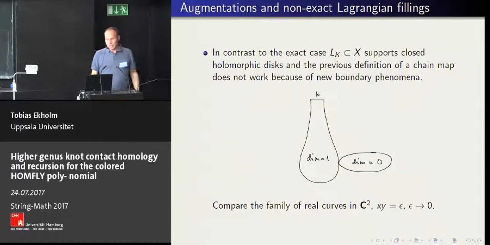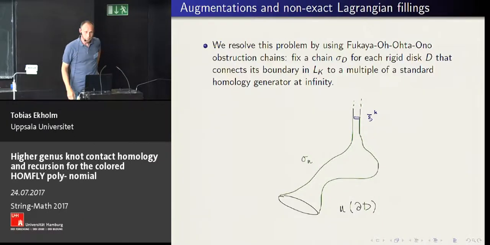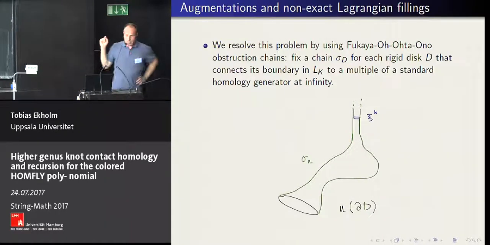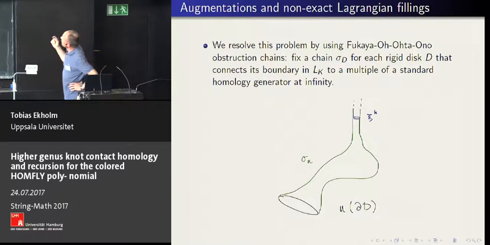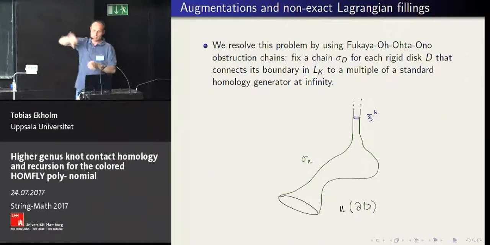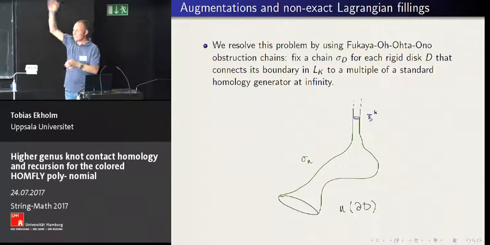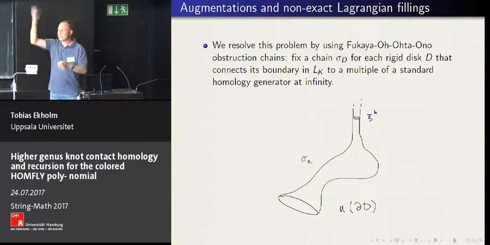However, this problem has been dealt with before in Floer theory by Fukaya-Oh-Ohta-Ono, and they developed a technique which is called obstruction chains. And here what it amounts to is the following. This is maybe not completely standard, because normally obstruction chains deal with holomorphic disks that bound.